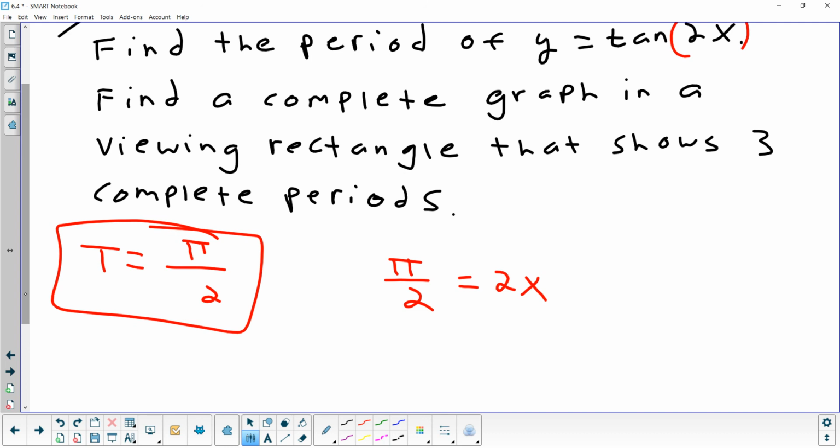Never mind. That was really dumb of me. Yeah, the 2's don't cancel. If it was multiplication, they would cancel. Yeah, you divide each side by 2. Divide each side by 2, which basically means times a half. That's all right. And what's half of pi over 2? John? Pi over 4. Pi over 4.